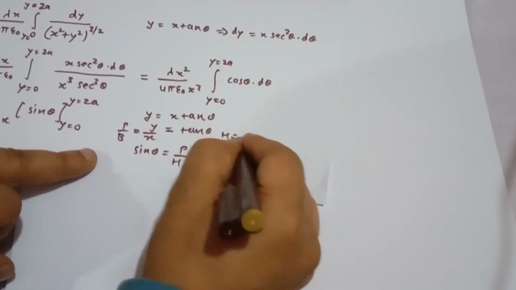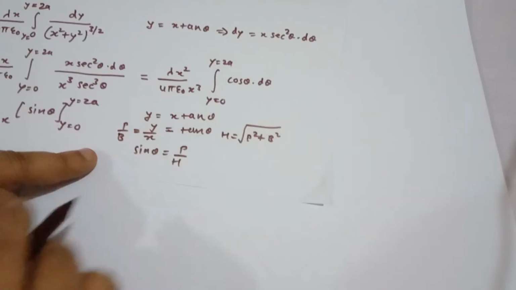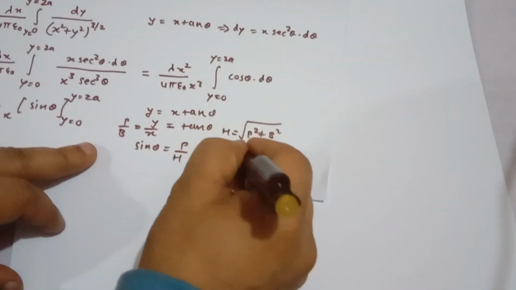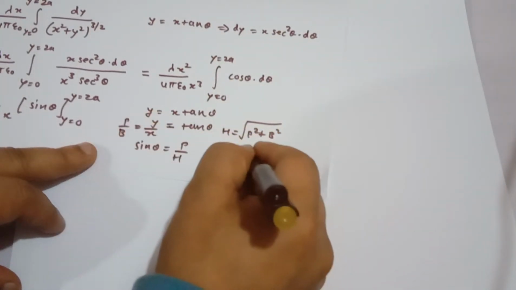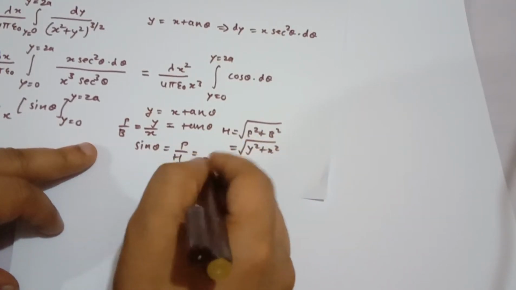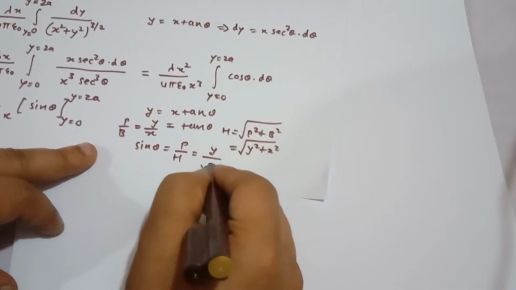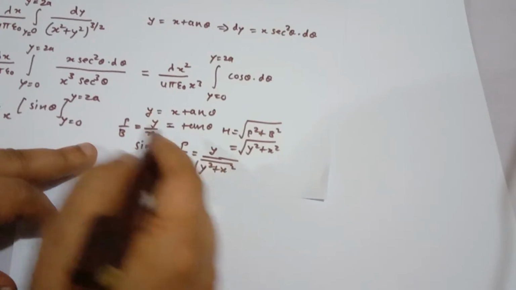So the hypotenuse would be the square root of perpendicular square plus base square, and it is nothing but the square root of y square plus x square. So you can put this value here, so the perpendicular is y and the hypotenuse is the square root of y square plus x square. Very simple. And then you can put this value here.